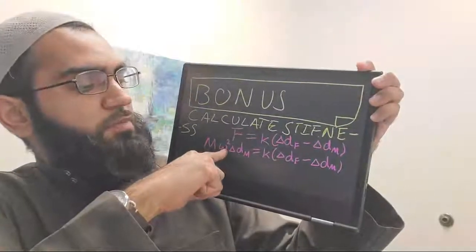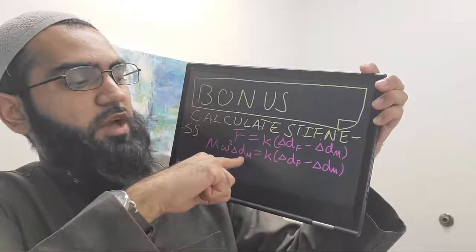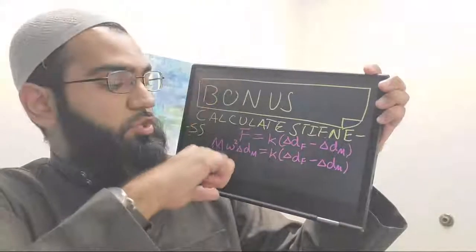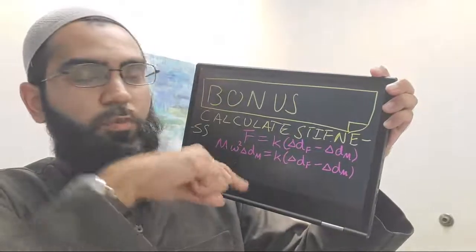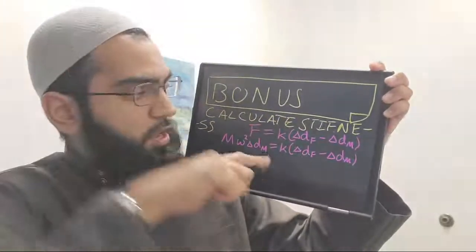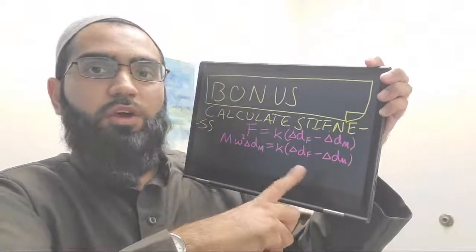It's mass times omega squared times delta M, which is the total displacement with the mass, and this omega squared is just using acceleration, so force equals mass times acceleration, and that equals that same thing on the other side. You solve for K, and now you have the spring constant, and in effect, you've completely characterized your whole off-resonance actuator, and you're good to go.